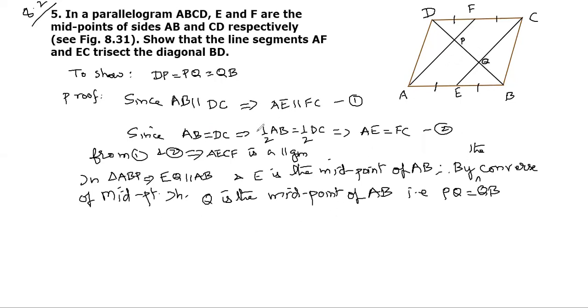Now the same thing we apply in the other triangle. Now we have seen PEQ. If you see this triangle, F is the midpoint, and a line is passing from this point and is parallel to this side.